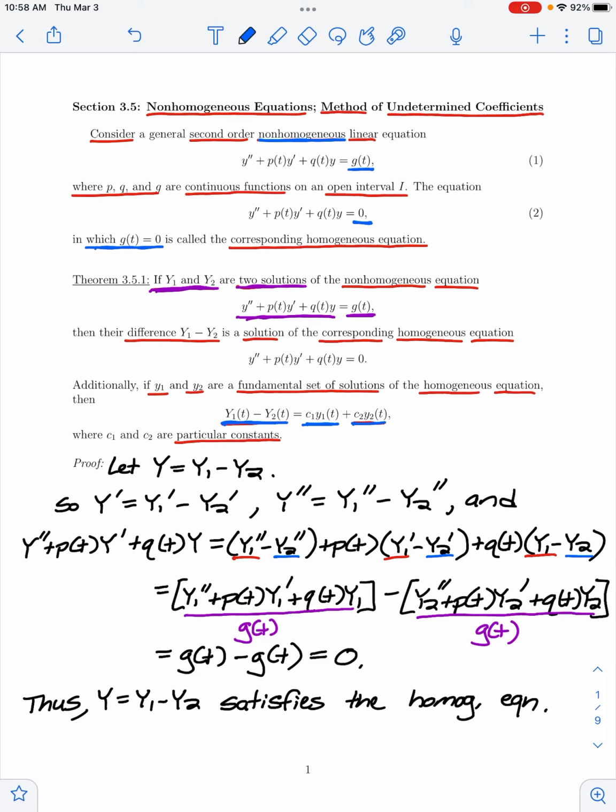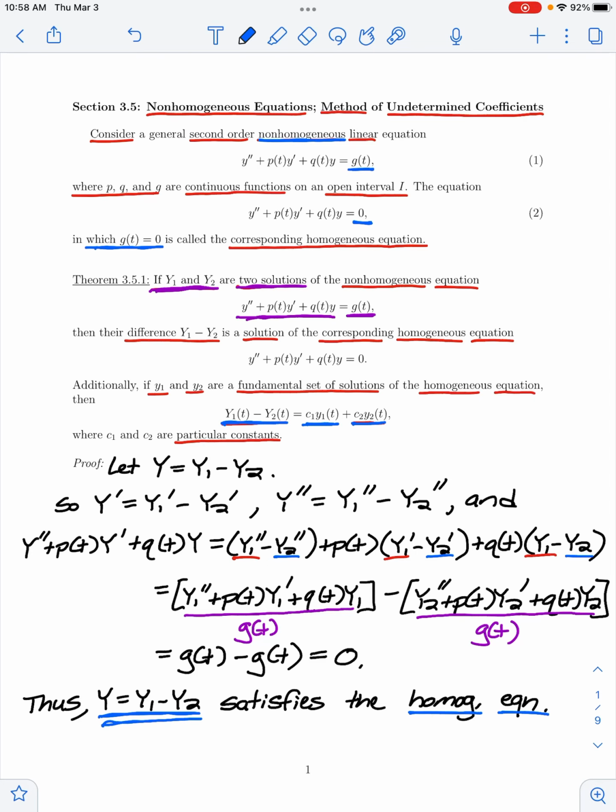And that follows immediately because we've just shown that the difference, capital Y, satisfies the homogeneous equation. And if lowercase y1 and y2 are a fundamental set of solutions, that means every solution can be written as a linear combination of those two. So the difference of capital Y1 and Y2 must be some linear combination of little y1 and y2.